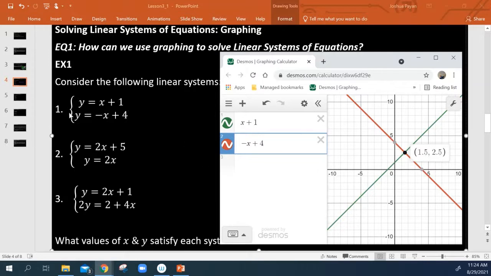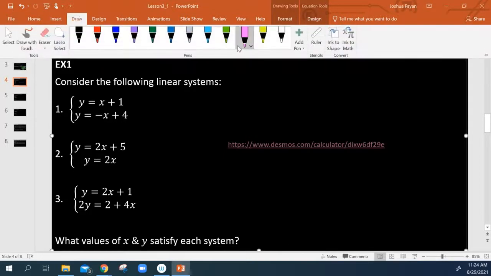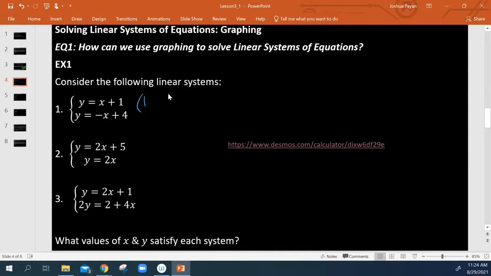We can find where x and y satisfy this simply by graphing and finding where they intersect. So the point 1.5 by 2.5 is where these two intersect, and it's where these two are true at the same time.